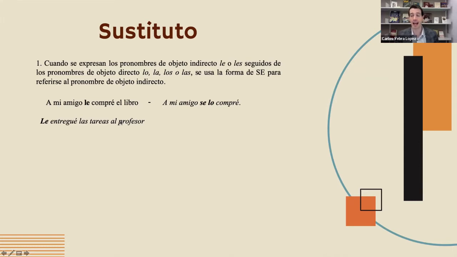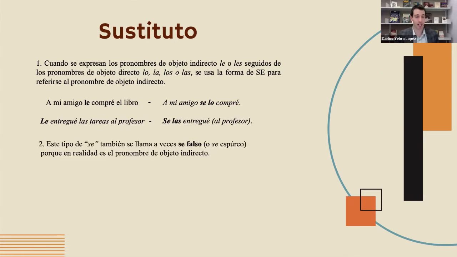I did not hand the professor in, I handed the homework in to my professor. And now, when we replace the direct object with a pronoun, las tareas, therefore las, and the indirect object with another pronoun, al profesor, so le, now we replace le with se, and we say se las entregué. I handed them in to him.